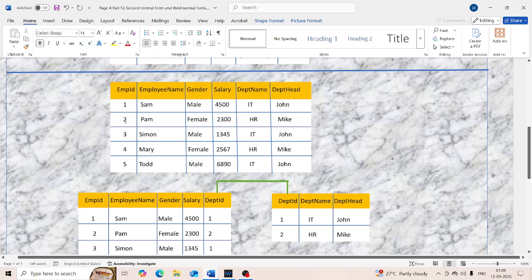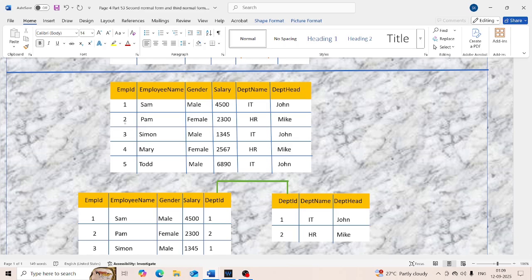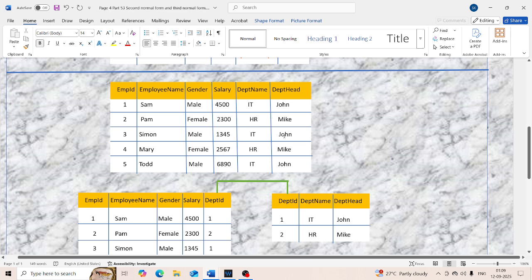But then it is not fully dependent, because department head is also dependent on the department name.